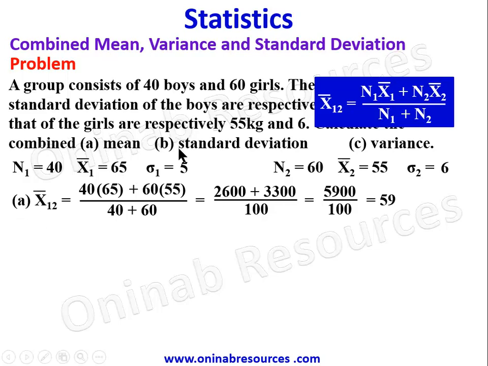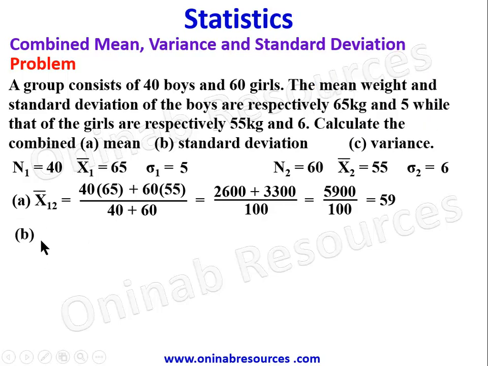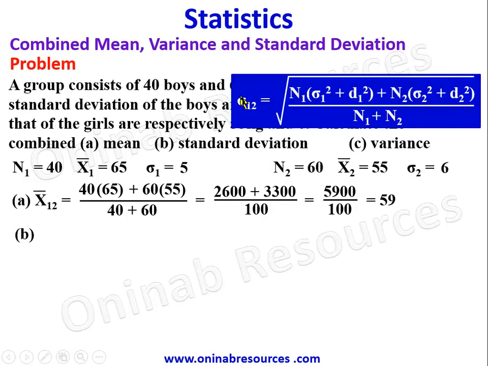So we then go to B, which is the combined standard deviation. So we recall the formula, that is sigma 12 is the square root of N1 sigma 1 squared plus D1 squared plus N2 sigma 2 squared plus D2 squared over N1 plus N2. So we have to first calculate D1 and D2.